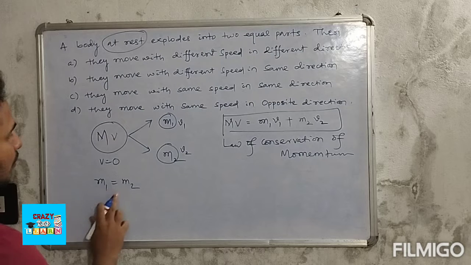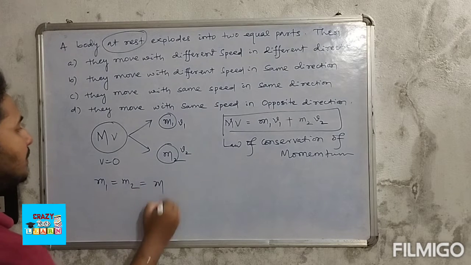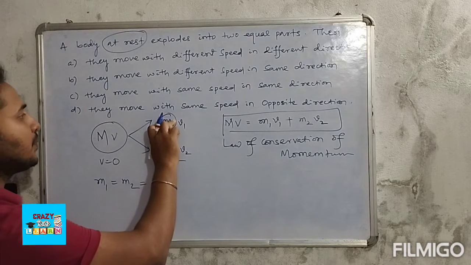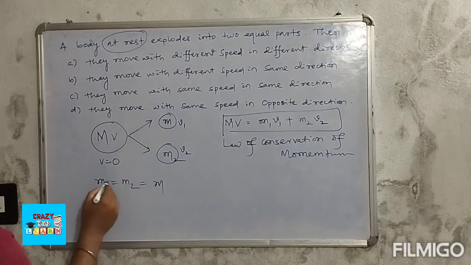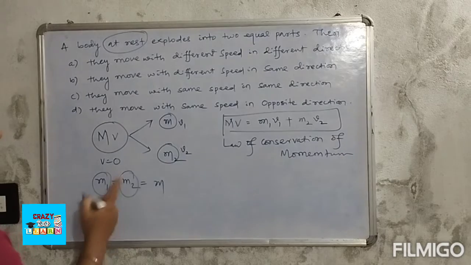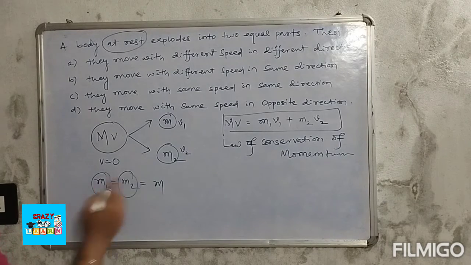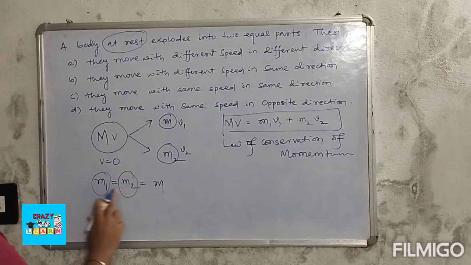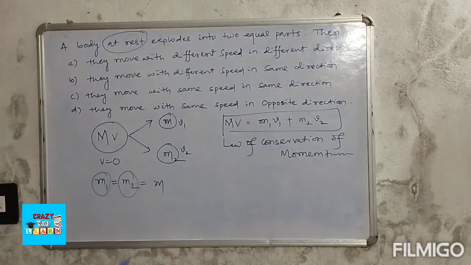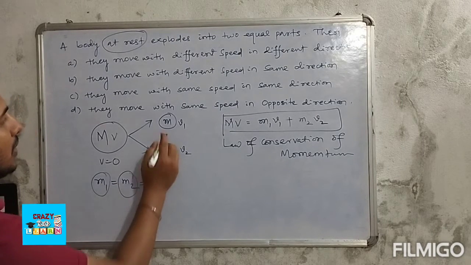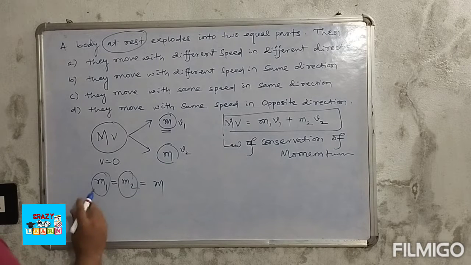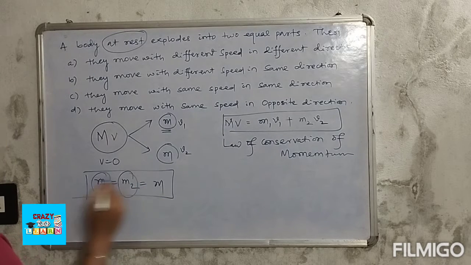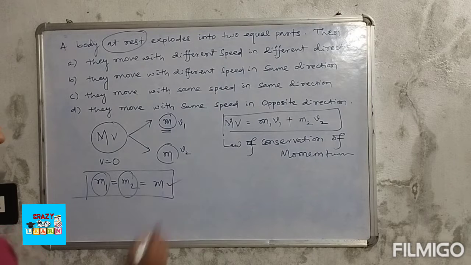For this problem I take m1 equal to m2, which is equal to small m.